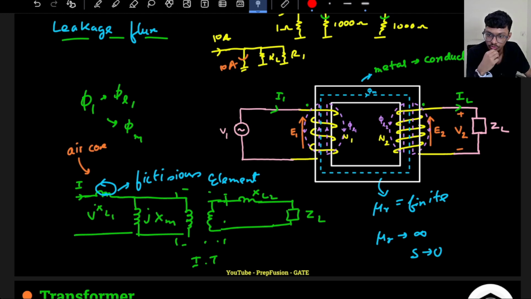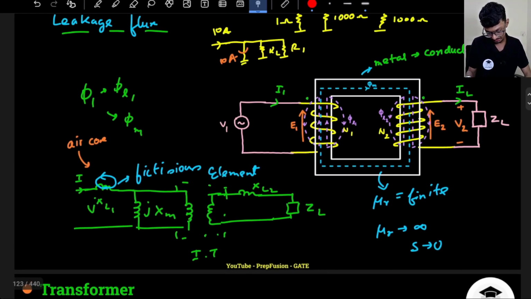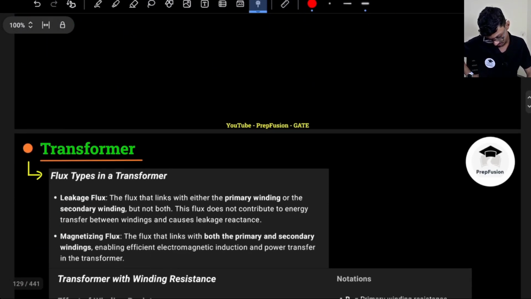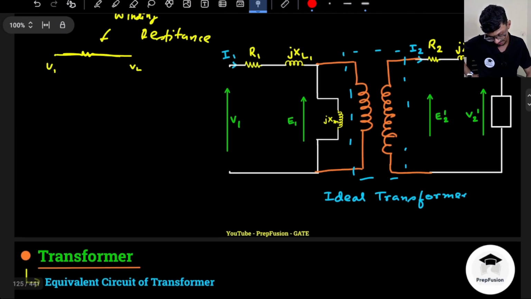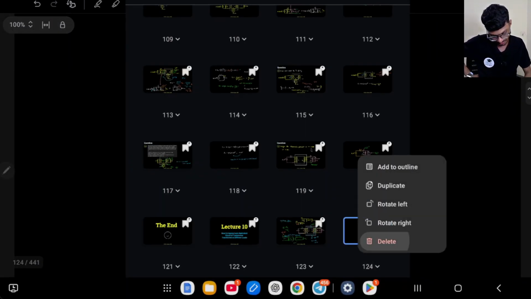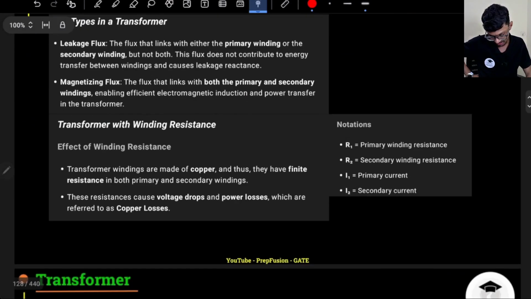Just wanted to discuss, I forgot to tell this, that there are two kinds of flux. Actually, have I written it here? Yeah, I have already written it, so I don't need to write it. Let me reiterate it.